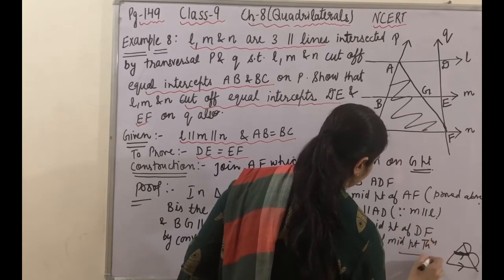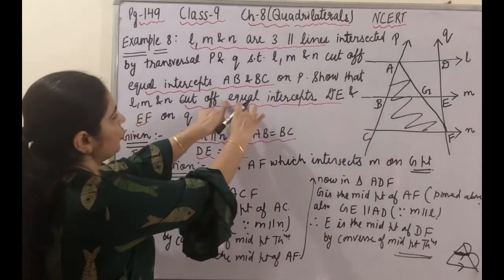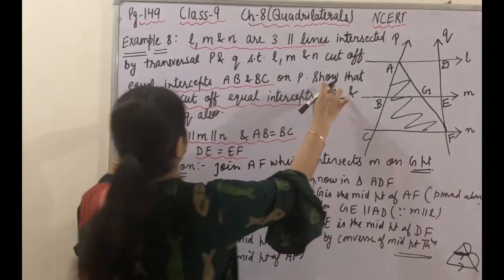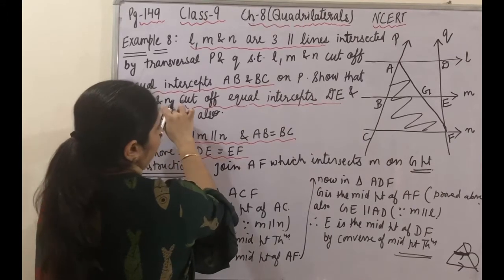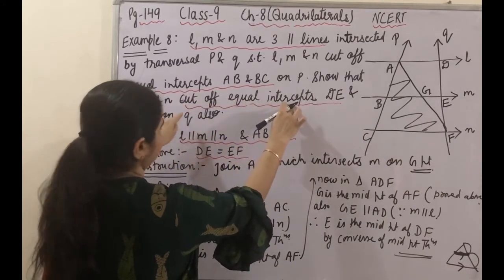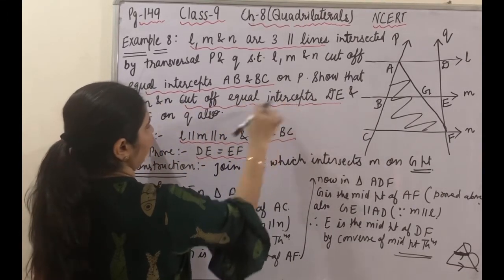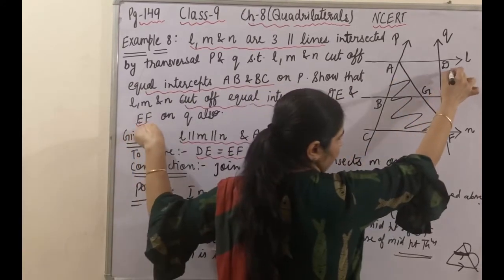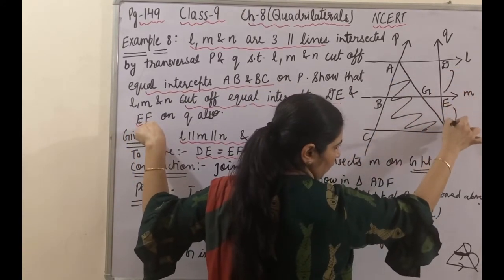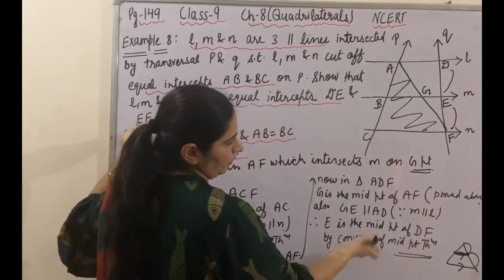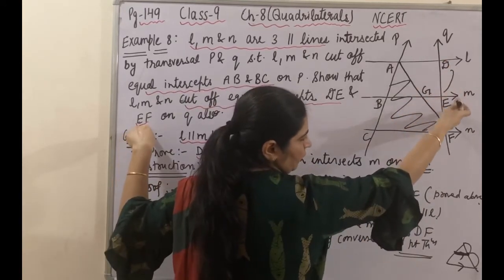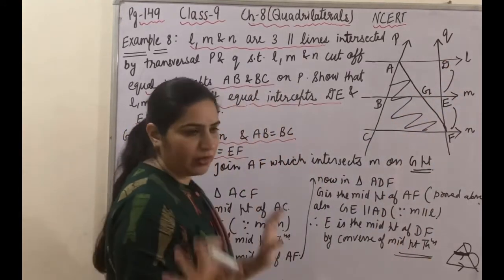And the language is, we have to prove L, M and N cut off equal intercepts DE and EF on Q also. Equal intercept means these two are equal, and here we have proved DE is equal to EF. It means we have done the proof.